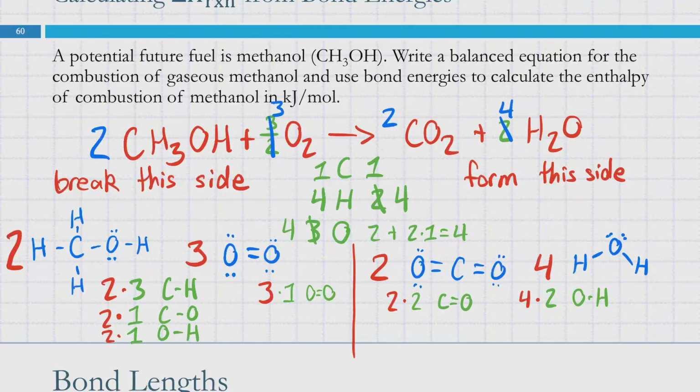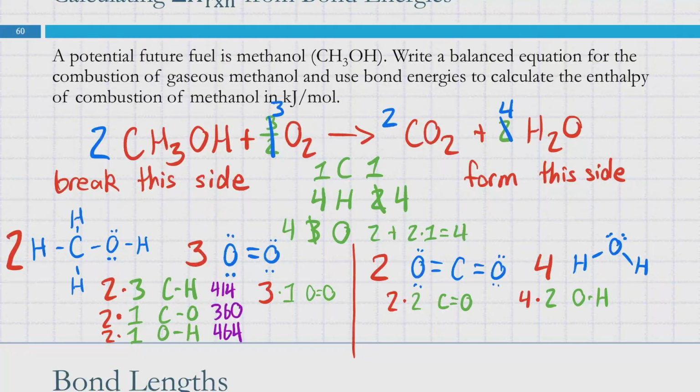No questions, hopefully. Okay, and then we look at our table and find our values for each of these. So for CH or HC, 414. For CO, that's lower on the far left column. 360. For our OH, 464.